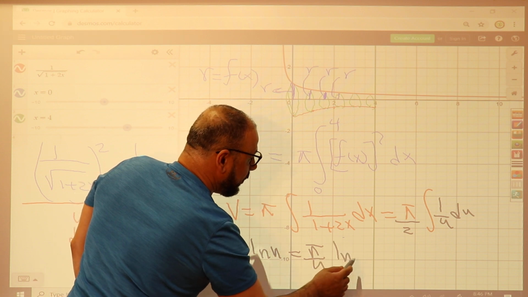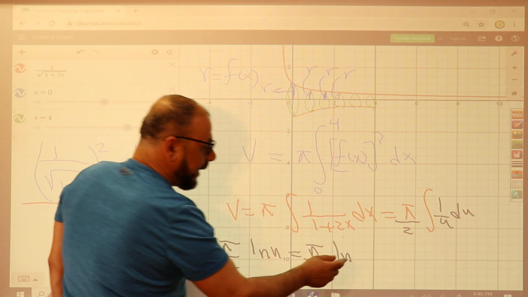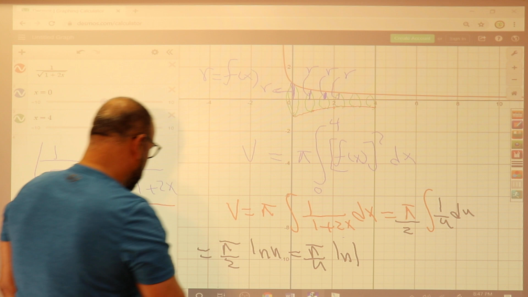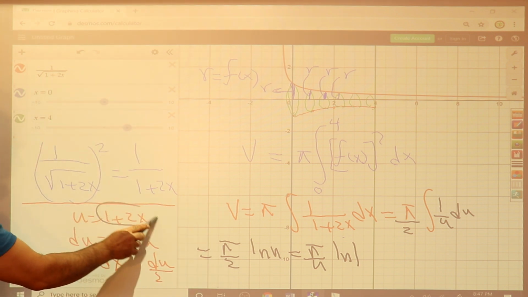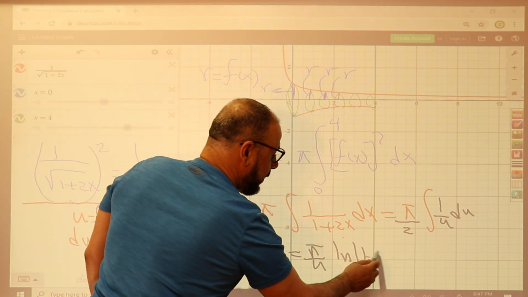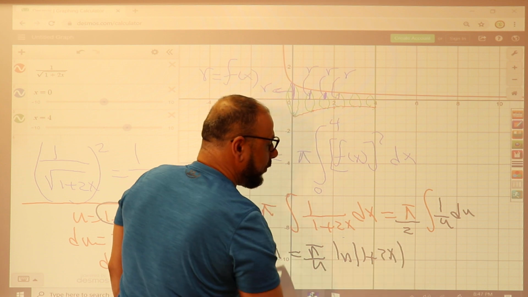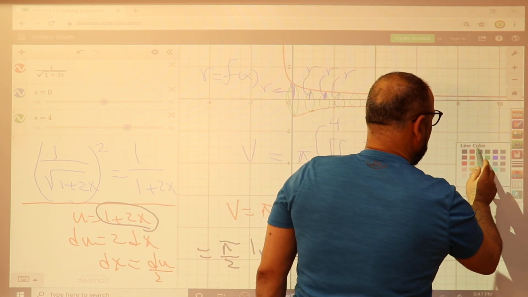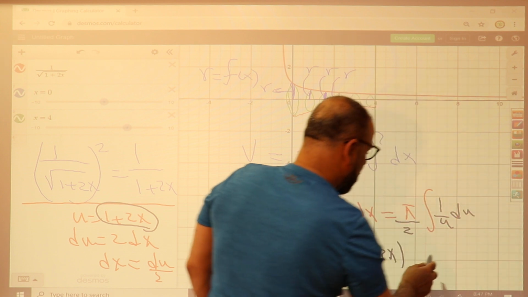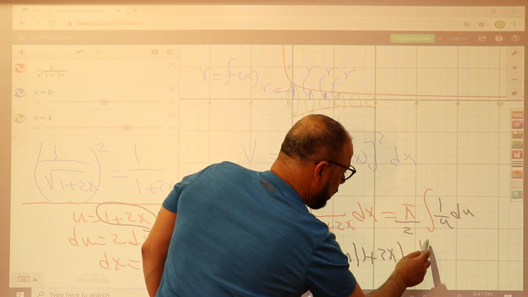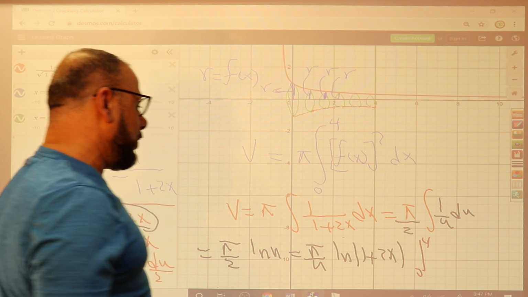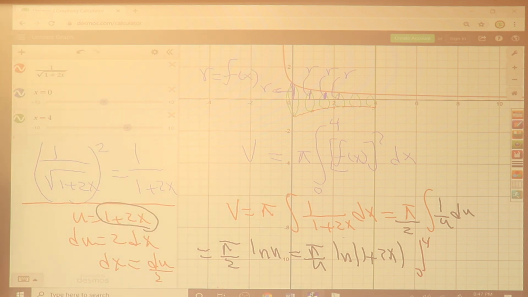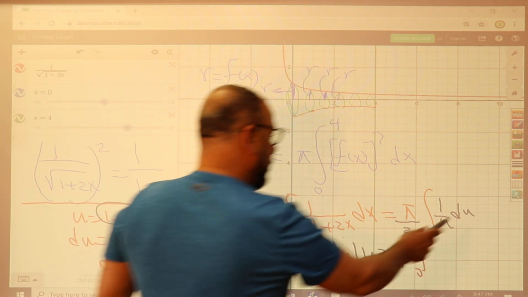Now what's u? In case you put absolute value, u is 1 plus 2x. From where to where is my limit now for x? From 0 to 4. Pi over 2, let me just fix the 2 here.